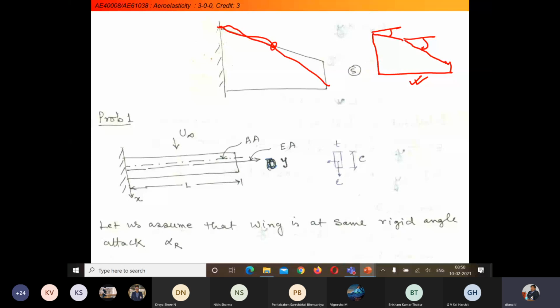And when it will be considered like this, let's say this is our aircraft plant model. Due to the change in angle of attack, that is theta, we will have alpha plus theta, and due to this, whatever lift is developed, there will be a change in this theta.